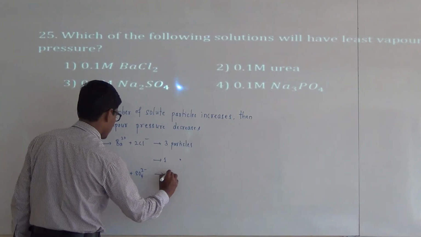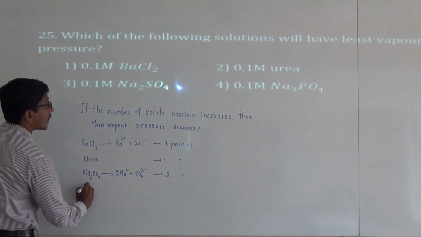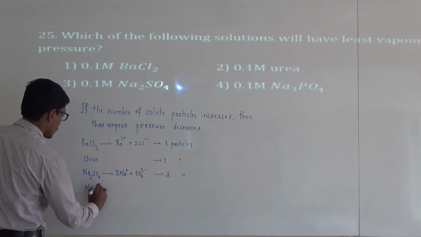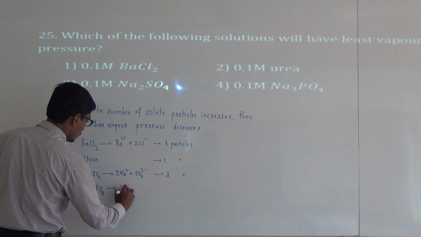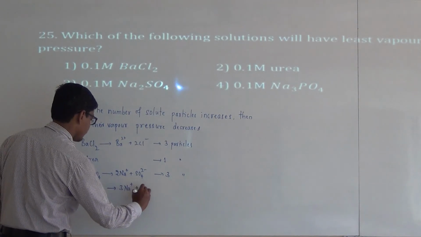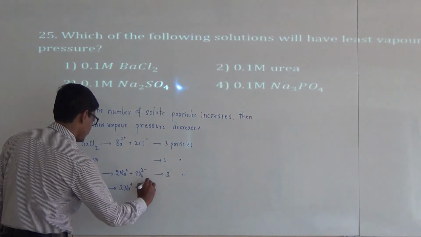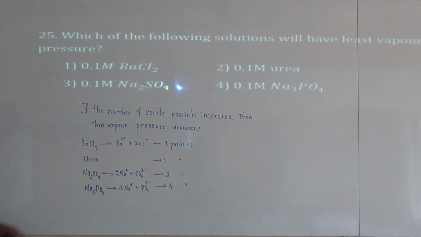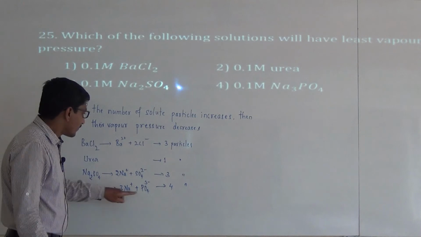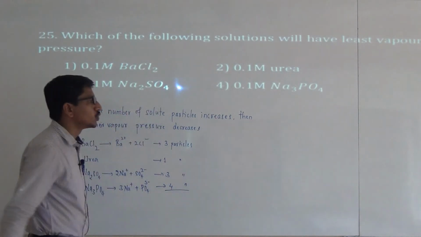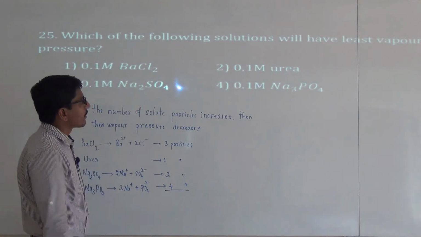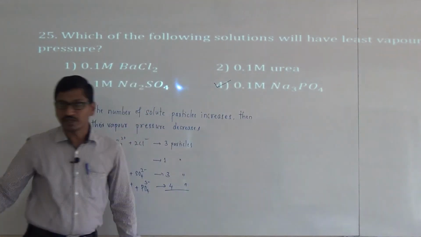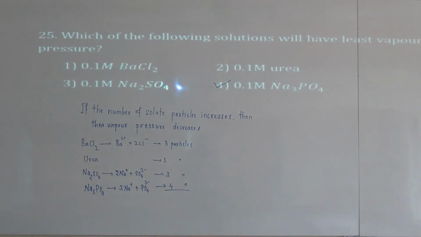These are also 3 particles. The last option, sodium phosphate Na3PO4, dissociates into 3 Na+ plus PO4 3-, total 4 particles. In the question, which of the following solutions will have least vapor pressure? The solution containing the maximum number of particles has the least vapor pressure, and the fourth option is the right one.